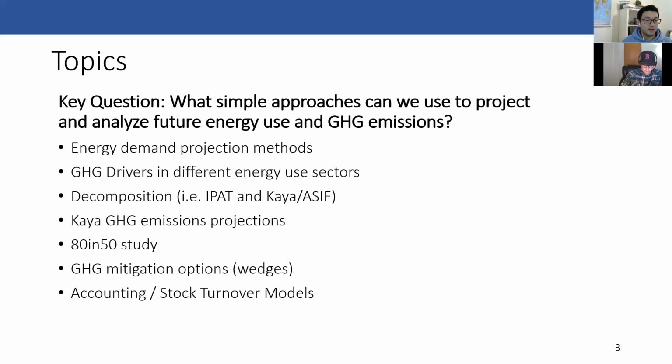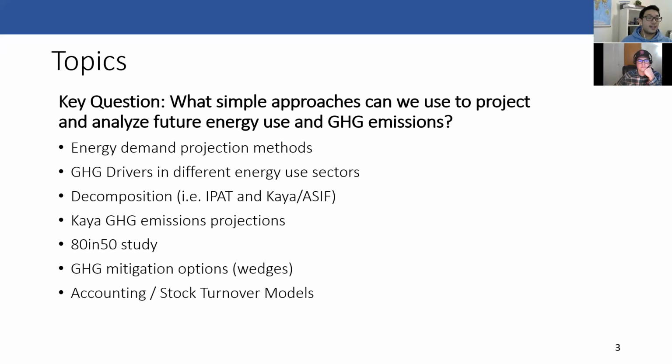Then we'll talk about mitigation options, which is another technique commonly used to show impacts in a really discrete way that's useful, for example, for showing policymakers and being understandable about what specific outcomes can result from any sort of intervention.